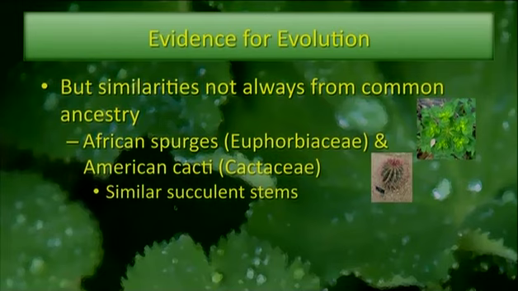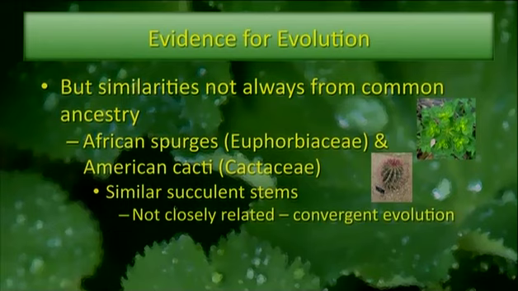So these are plants that have different ancestry, and they've adapted in similar ways to similar environments, but in different places. The spurges in Africa and the cacti in the Americas. So they're not closely related. This is an example of convergent evolution, where you have organisms evolving to form similar seeming structures, even though they're not closely related to each other.